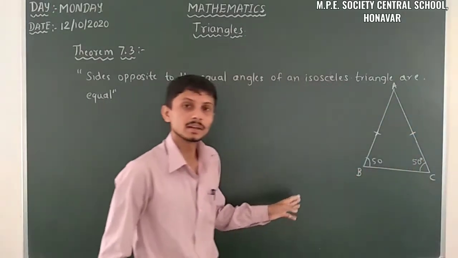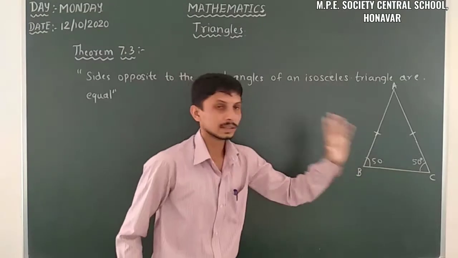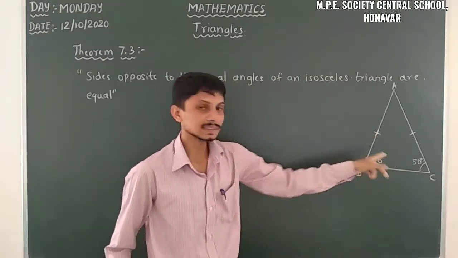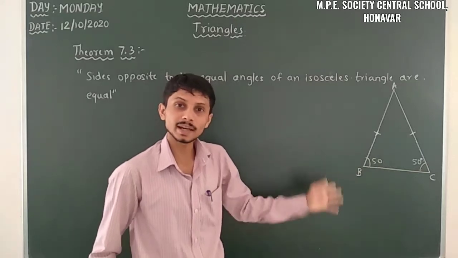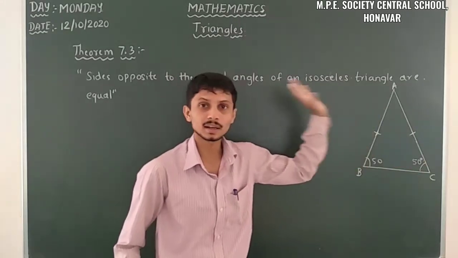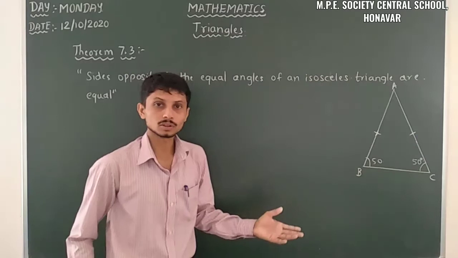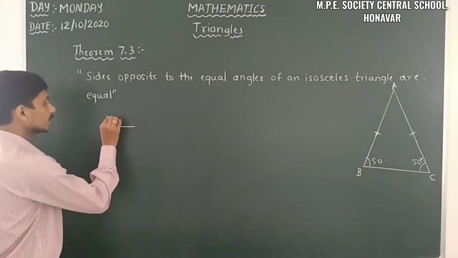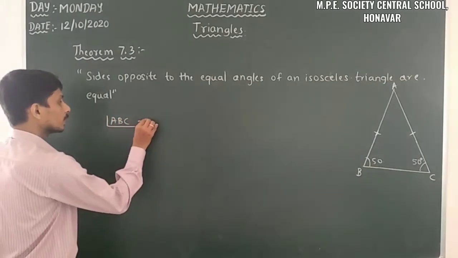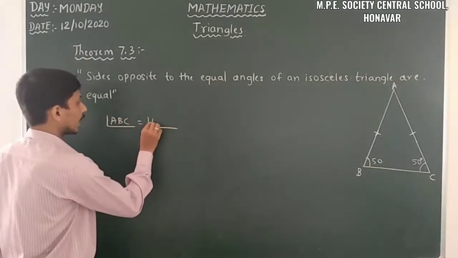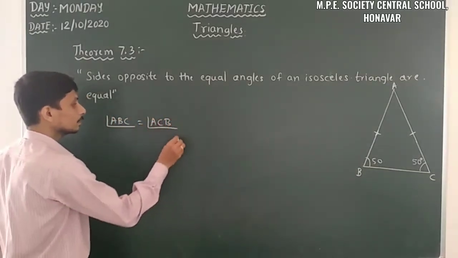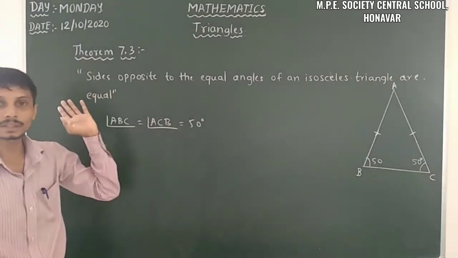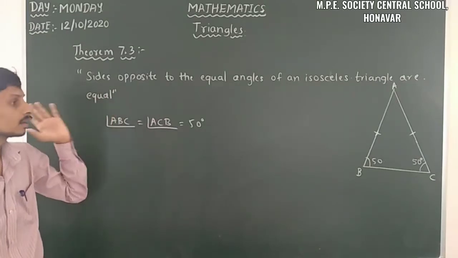So AB is equal to AC, because angle ABC and angle ACB are one and the same. The sides opposite to the equal angles are also equal. So angle ABC is equal to angle ACB is equal to 50 degrees. Therefore, the sides opposite to the equal angles of an isosceles triangle are equal.